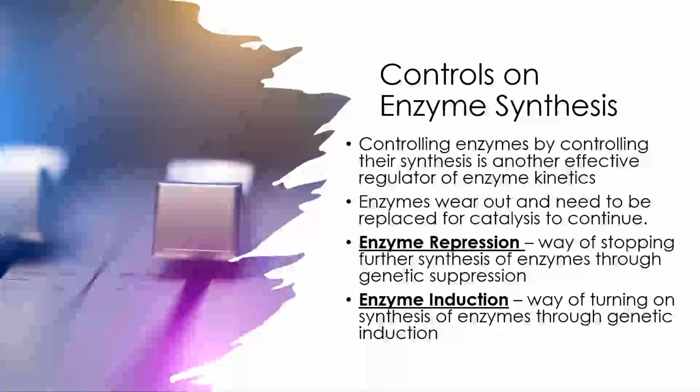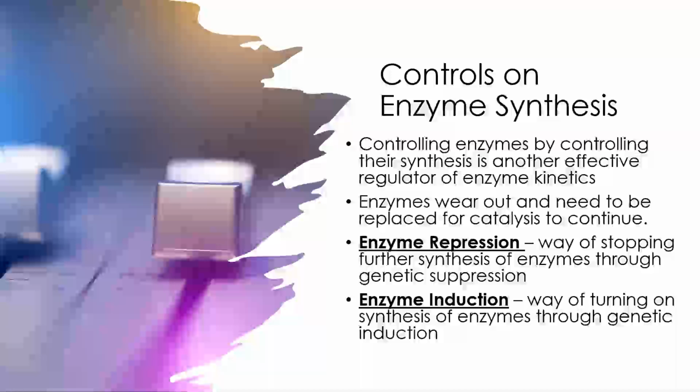Okay, so there are further controls of enzyme synthesis. Controlling enzymes by controlling their synthesis is another tactic. Since enzymes are made of protein and RNA, they are made in-house by the cell, and they do wear out. So they have a defined lifetime, and eventually they're going to stop functioning very well.